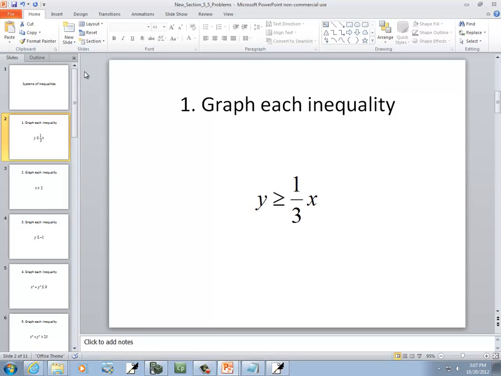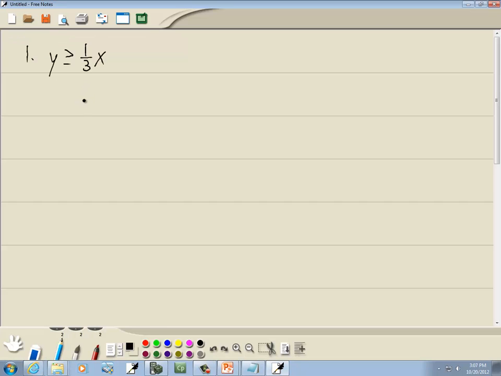But the instructions are to graph each inequality. Well, graphing an inequality in two variables.